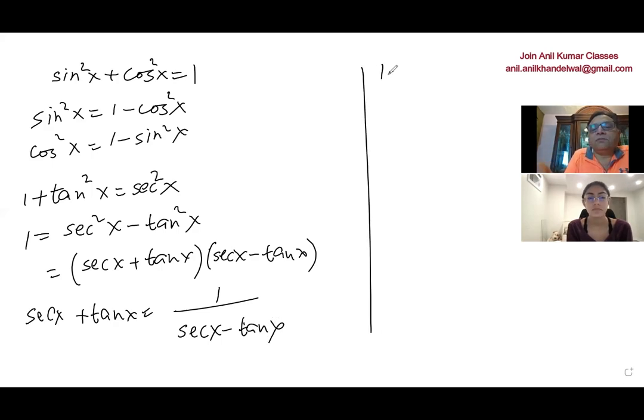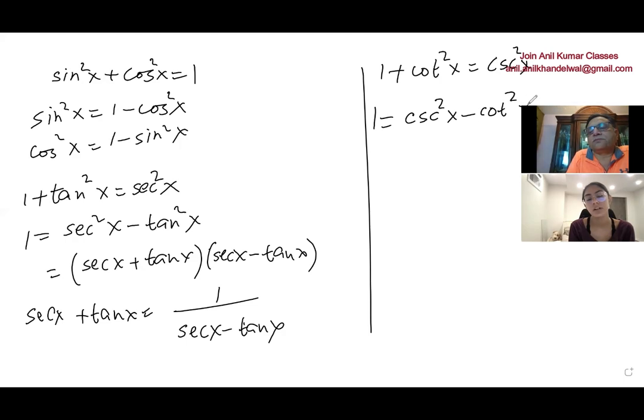Similarly, if we have 1 plus cotangent square x, this is cosecant square x. So here also 1 is equal to cosecant square x minus cotangent square x, which is the same strategy. We can write this as a product of cosecant x plus cot x times cosecant x minus cot x.